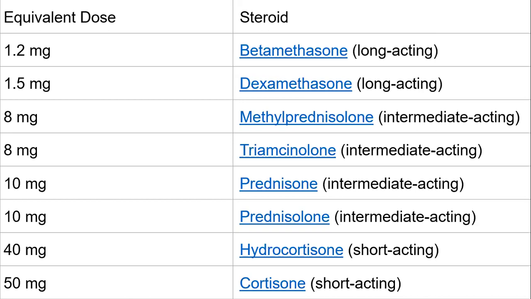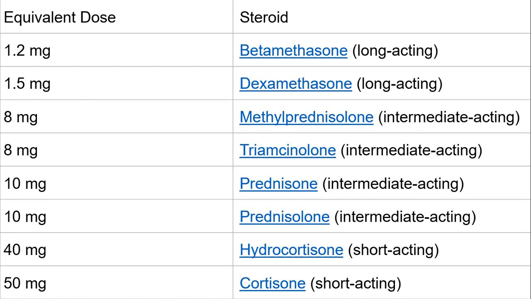This is a very important table in which the dose equivalence of various corticosteroids is mentioned. Why is this table important? Because you may have to shift from a long-acting to an intermediate-acting or short-acting steroid.